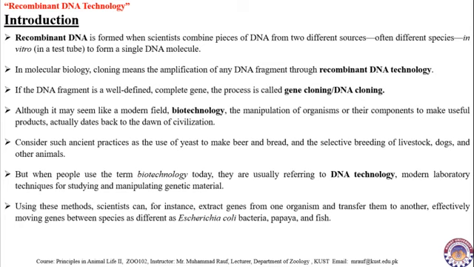Now there is so much development in this area that we can combine DNA molecules from two species which are completely different from each other. For example, a gene taken from a fish can be incorporated into a prokaryote, E. coli.